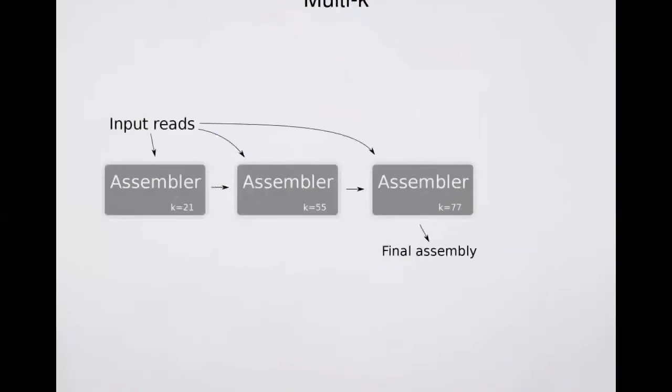And you keep doing that with increasing K values. I've just shown 3 here, but in fact we can go to many more K values, and the result of the last step is the final assembly. Doing this increases contiguity and general quality of your assembly, and genome fraction also. This is what we did also, and many of the popular metagenomic assemblers use this framework.